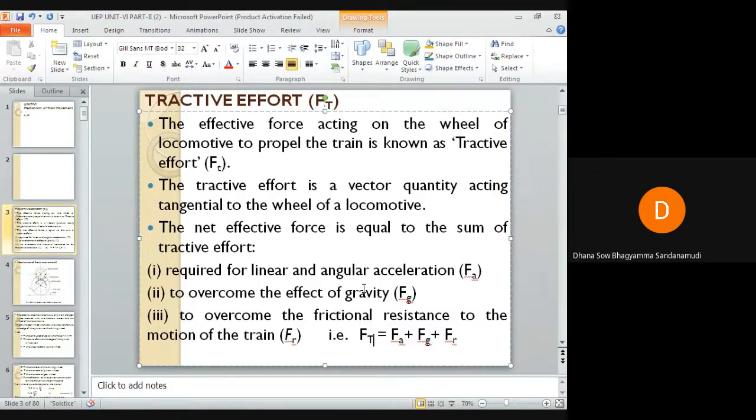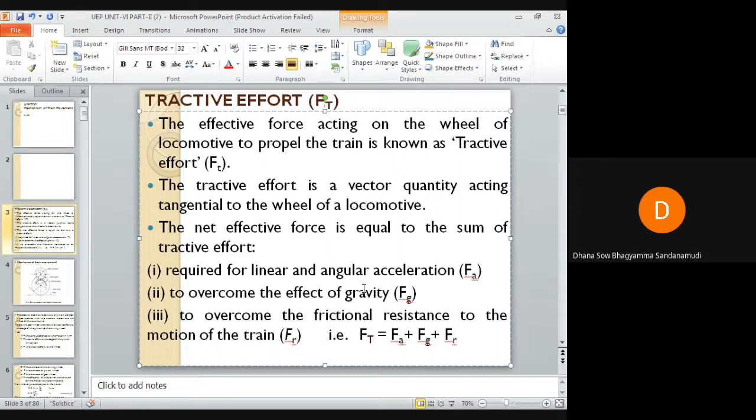Fg is the tractive effort required to overcome the effect of gravity. And Fr is the tractive effort required to overcome the frictional resistance to the motion of the train. So the total tractive effort will always be equal to Fa plus Fg plus Fr.